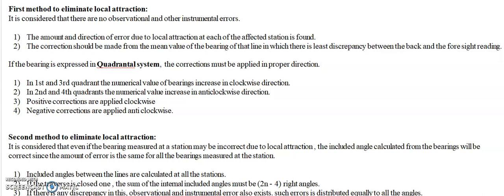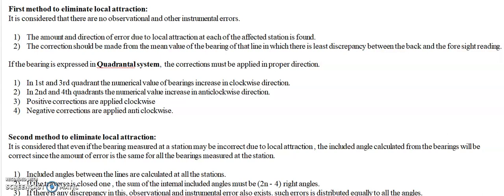In this method, the bearings of the lines are calculated on the basis of the bearing of that line which has a difference of 180 degrees in its fore bearing and back bearing. It is, however, assumed that there are no observational and other instrumental errors, as I mentioned earlier.